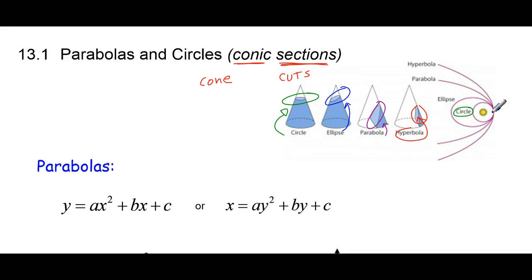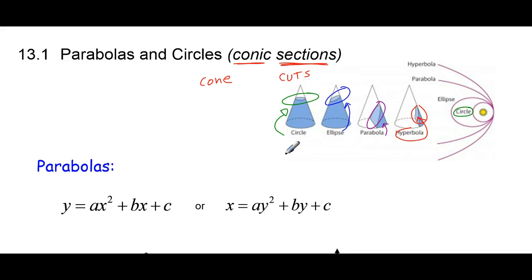And then if you've got a whole lot of speed, your orbit doesn't actually close up. You get what's called escape velocity, and your orbit is a parabola and it never comes back around again. And if you go even faster than a parabolic orbit, you get a hyperbolic orbit. So you can think of these as all being slices of a cone, or alternatively, if you're thinking more about space, you can say these are all orbits.